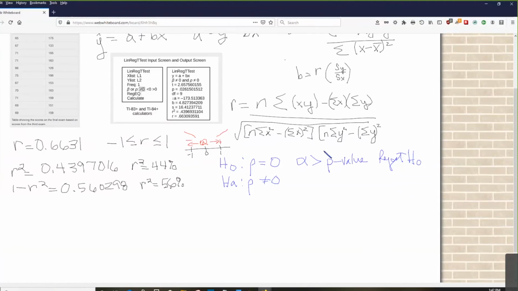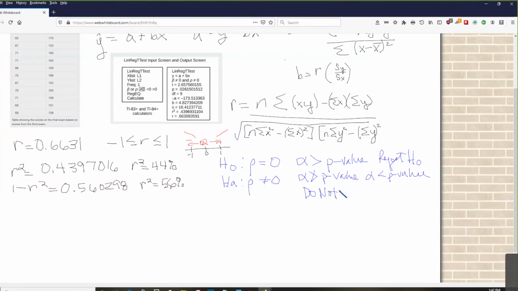Now, if the p-value is greater, so if the level of significance is less than the p-value, which we could write either way, so if the level of significance is not greater, which means that it's less, then we're not going to reject.